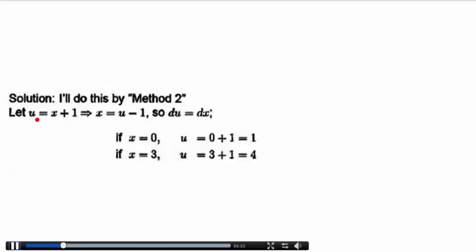Once we have determined that u is equal to x plus 1, we'll also have x is equal to u minus 1. Once we differentiate this part, you can see that du upon dx, like I said, is equal to 1.